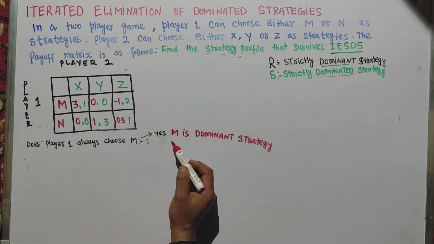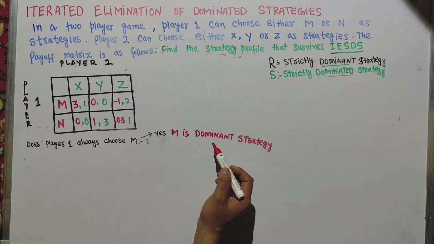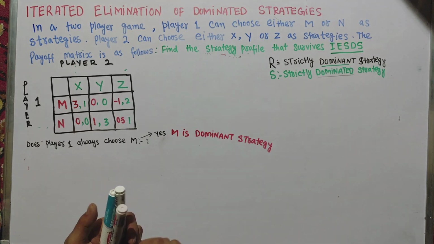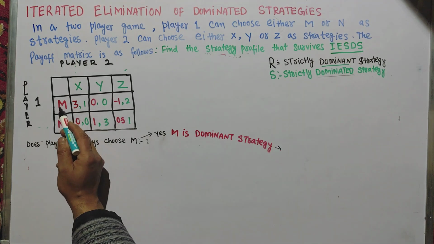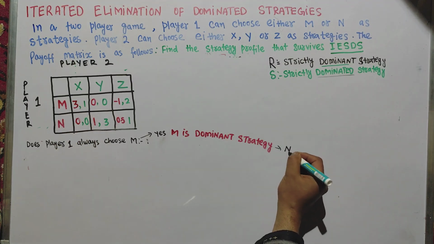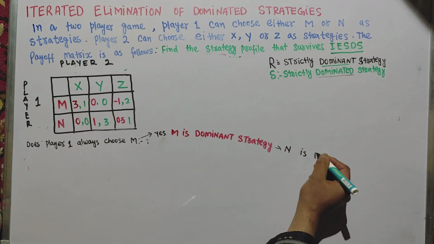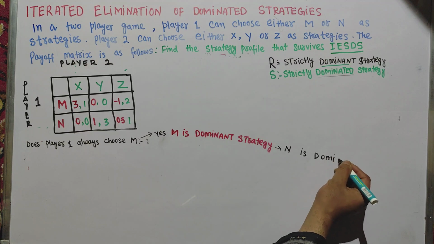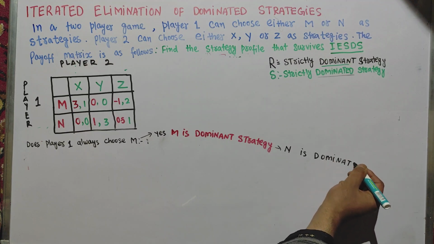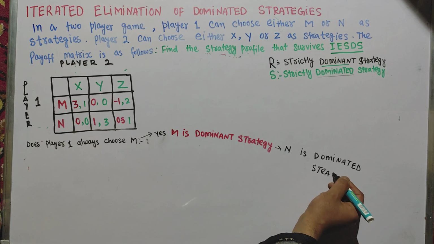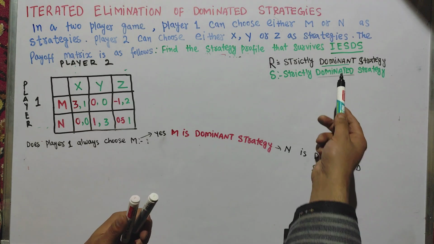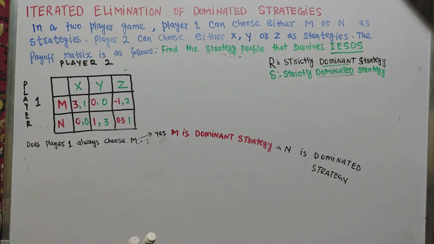If yes, then we say M is a dominant strategy, and it also implies that if M is a dominant strategy, that means N is a dominated strategy. I have explained to you about the dominant and dominated here.